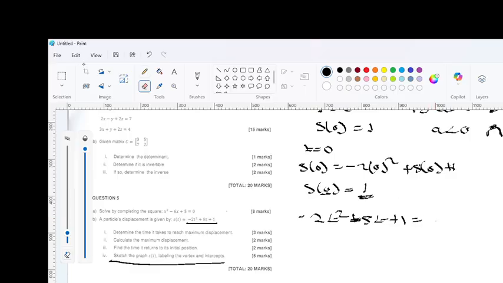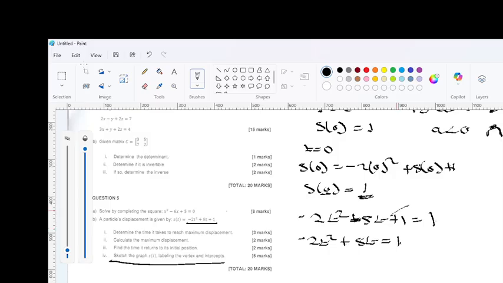We have two values of t there, so let's find the time. One of the times is going to be 0, and the other time has to give us something. From there we have -2t squared plus 8t plus 1 equals 1.